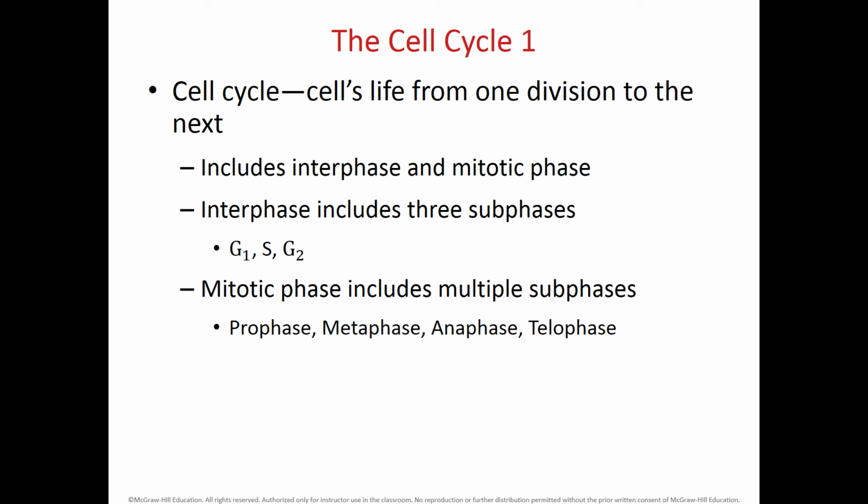Now, most cells have G1, S, and G2, but there is a fourth phase in specific cells that is called G0, in which the cells form the original copy, enter into the G0 phase, and don't go back to replicate.